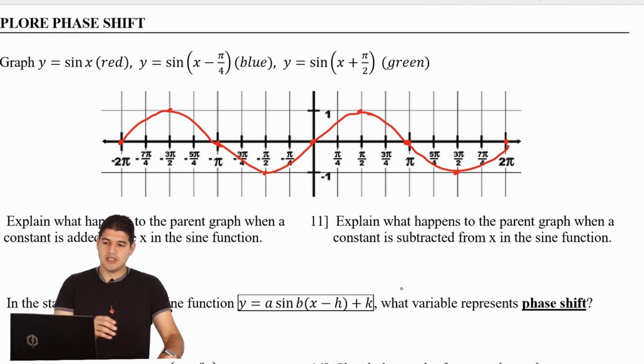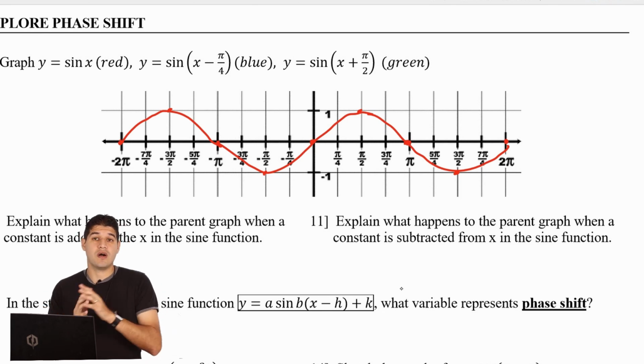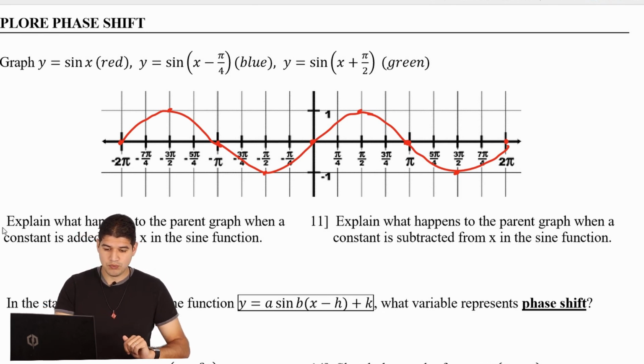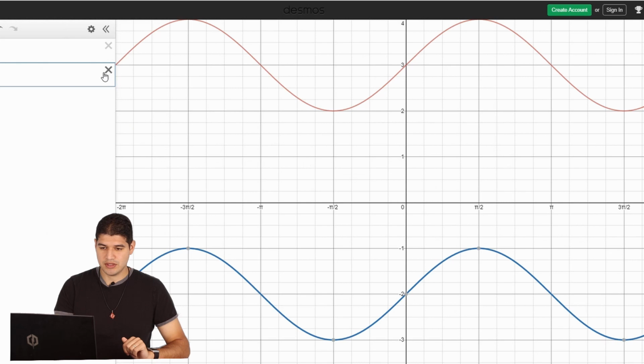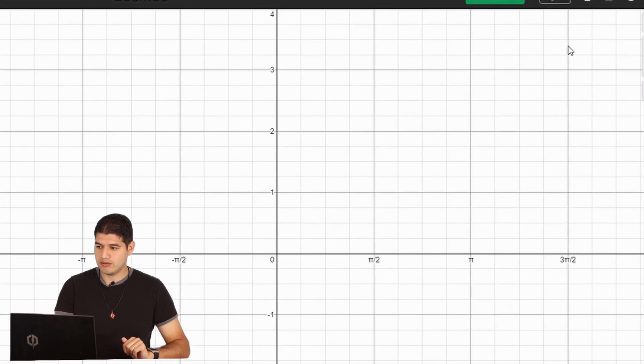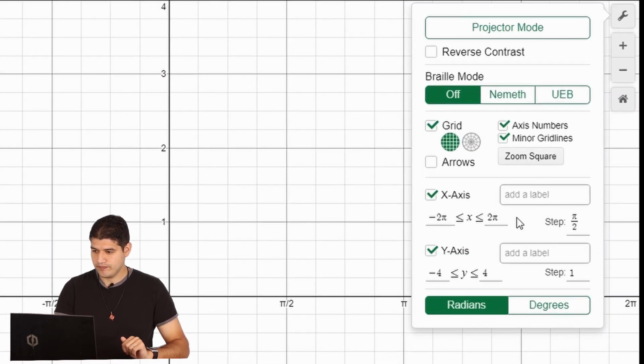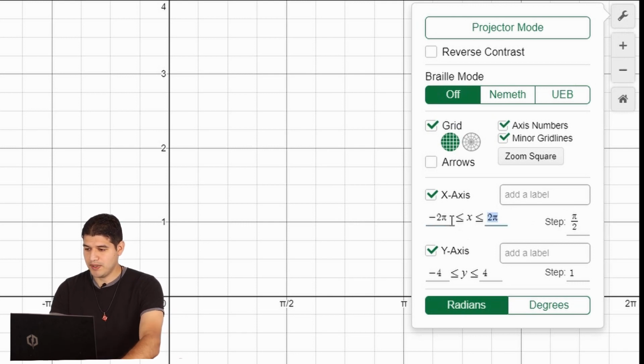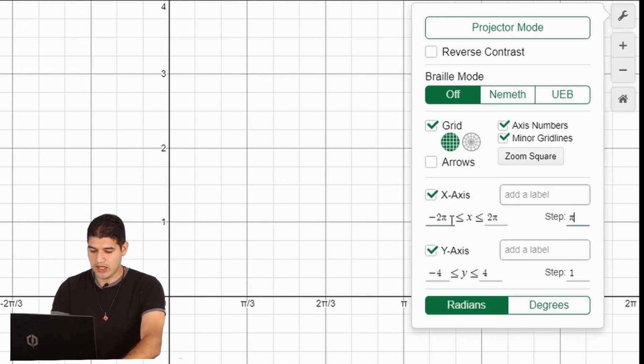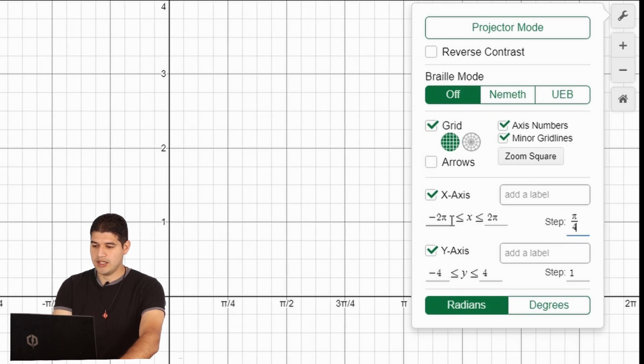And what we're going to want to do is graph sine of x minus pi over 4 in blue. So let's see what happens in Desmos. Actually, let me fix my window real quick. In this one, we're going from -2 pi to 2 pi, going by a scale of pi over 4.